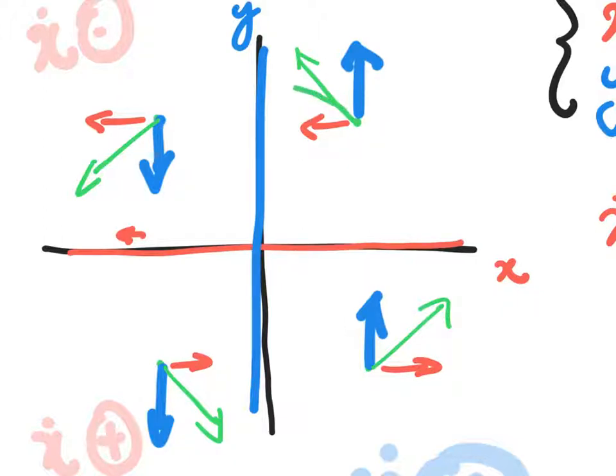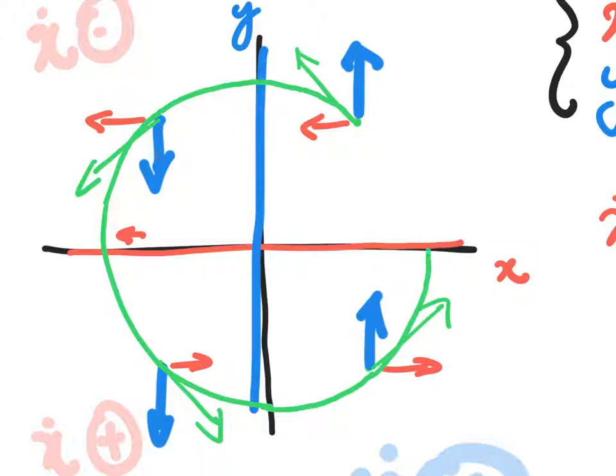As you're getting close to the y nullcline, you're inverting the y direction. As you're getting closer to the x nullcline, you're inverting the x direction. Again, you're getting closer to the y nullcline, invert the y direction. And here we close our circle.